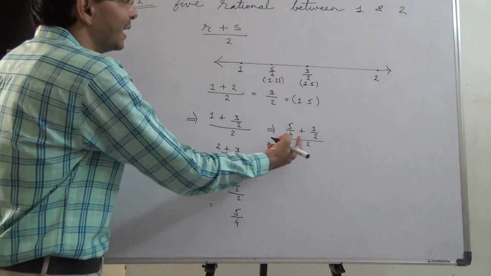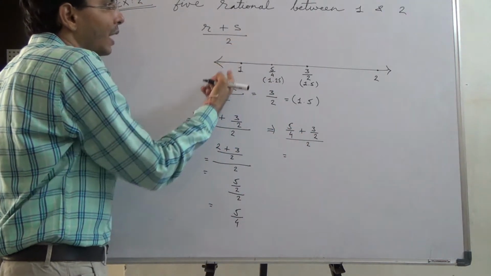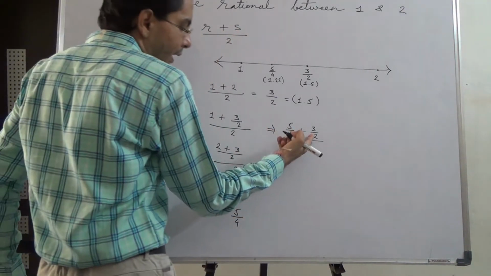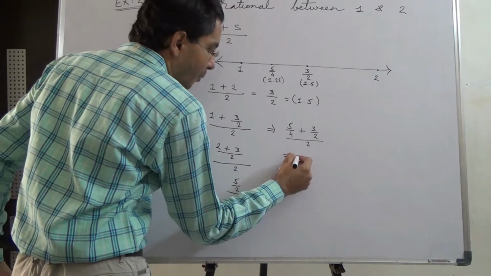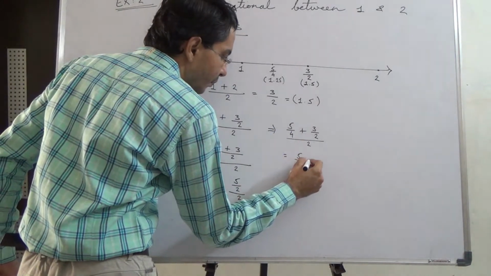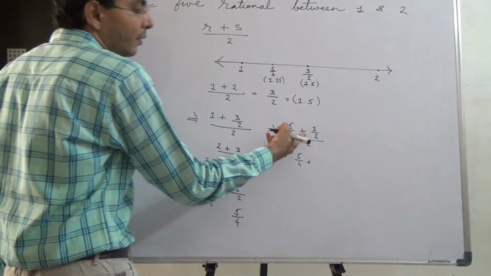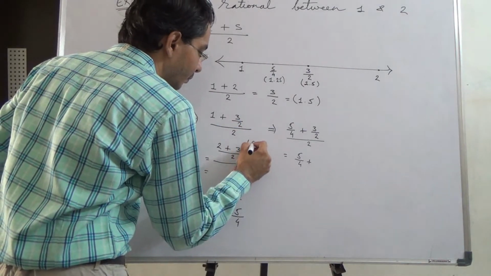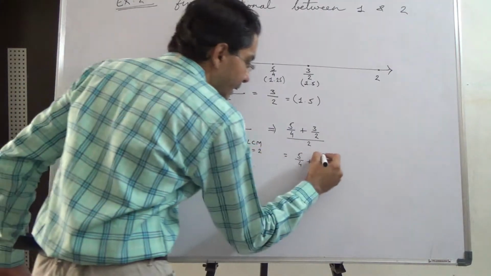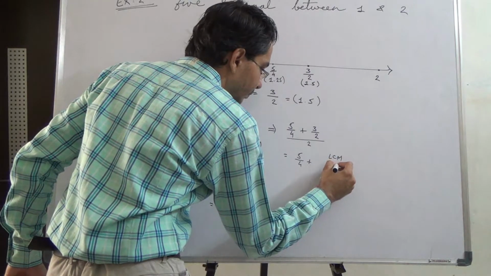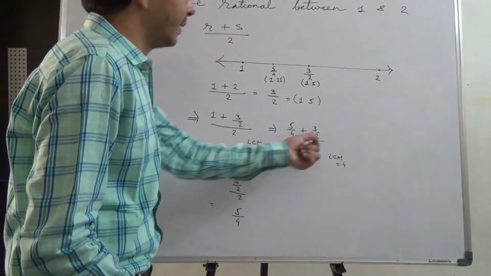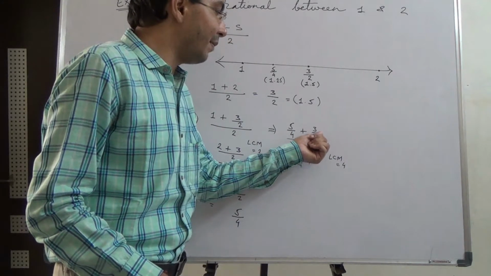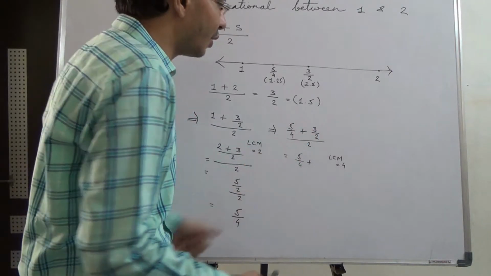As per our formula, it is r plus s divided by 2. So here the LCM is 4: 5 by 4 plus 3 by 2. Here the denominator is 2 and here it is 4, so I multiply the 2 by 2, and the same number is multiplied in the numerator and denominator.